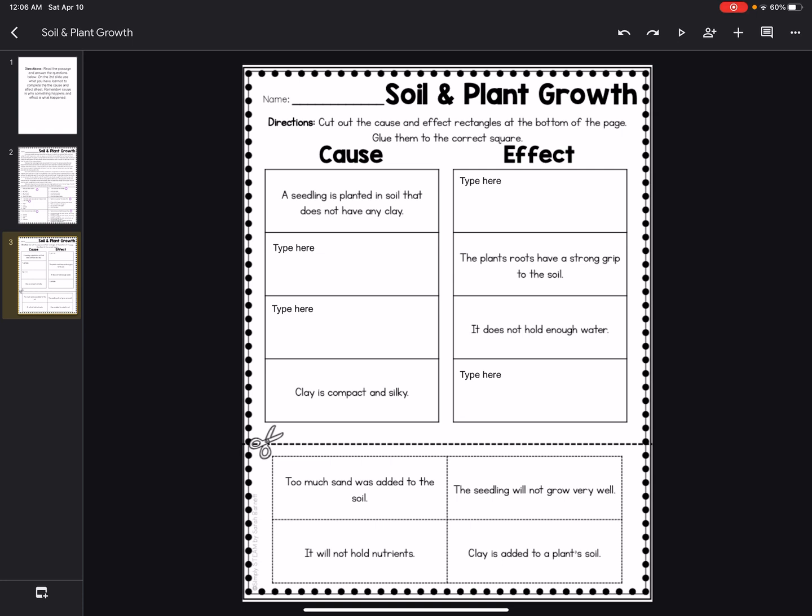And we've done cause and effect. We know what that is. Remember, cause is why something happens, and the effect is what took place, what happened, right? So down at the bottom are your 4 options for your blanks. All you need to do is type the correct sentence into the correct box.